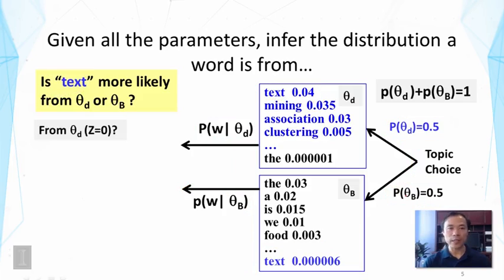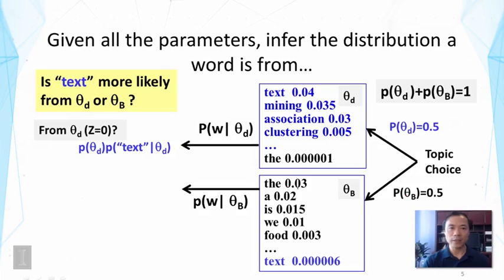So more specifically, let's think about the probability that this word text has been generated, in fact, from theta sub d. Well, in order for text to be generated from theta sub d, two things must happen. First, the theta sub d must have been selected. So we have the selection probability here.